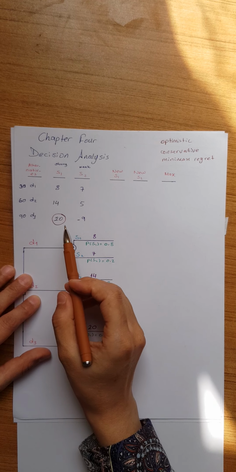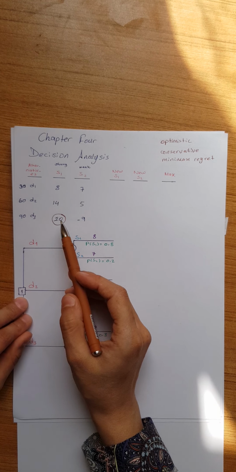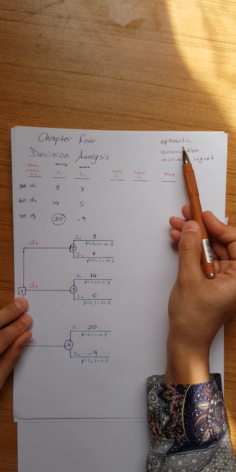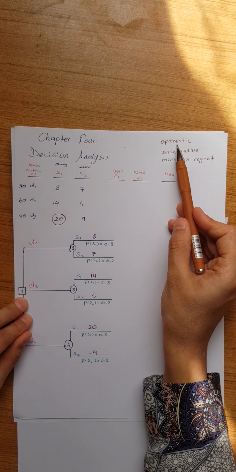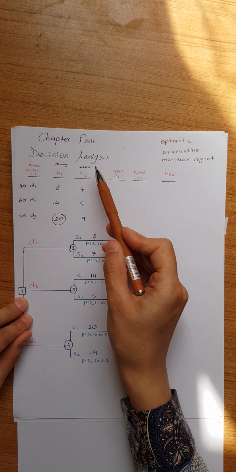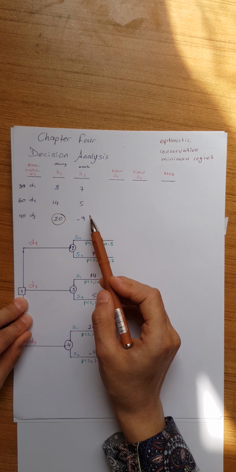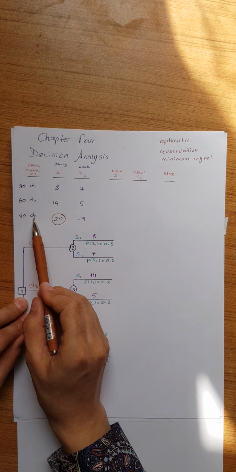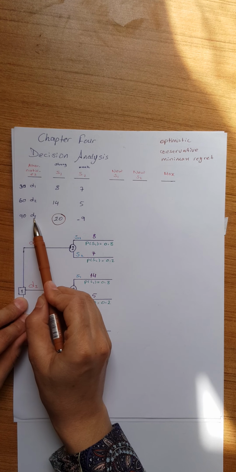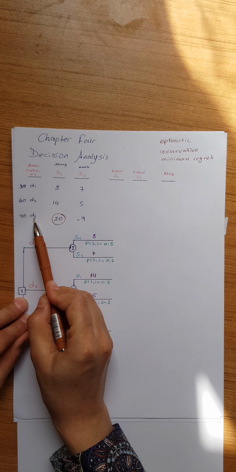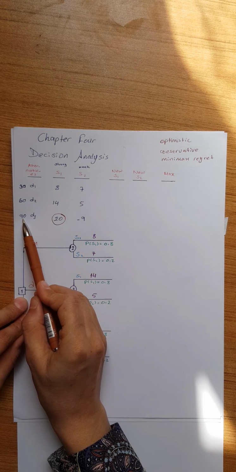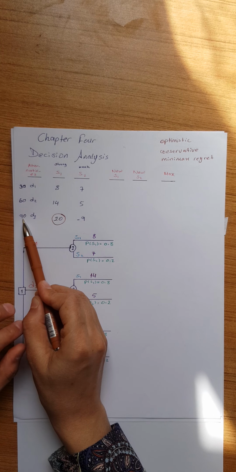If a decision maker decides to use the optimistic approach for the problem at hand, he will definitely choose to build D3, alternative 3. That means building 90 condominiums.